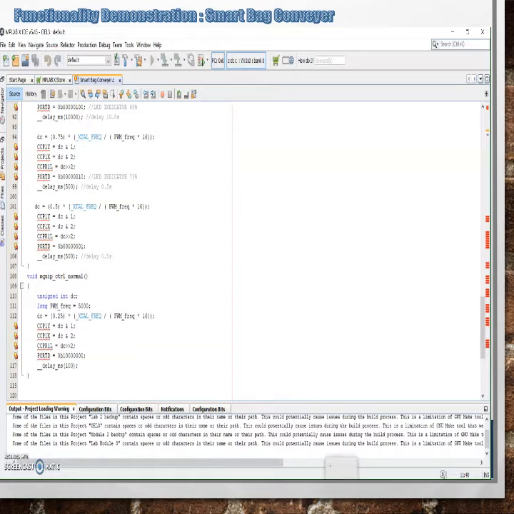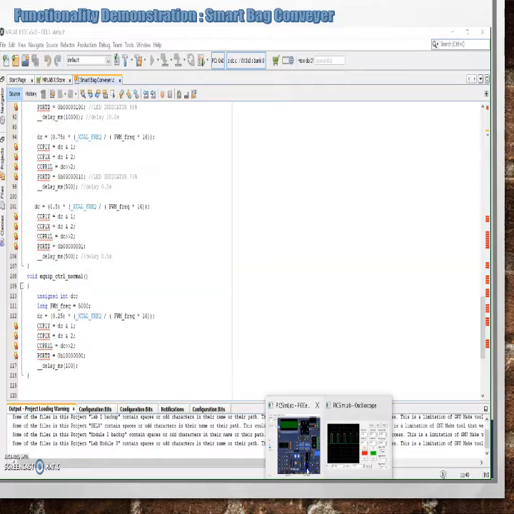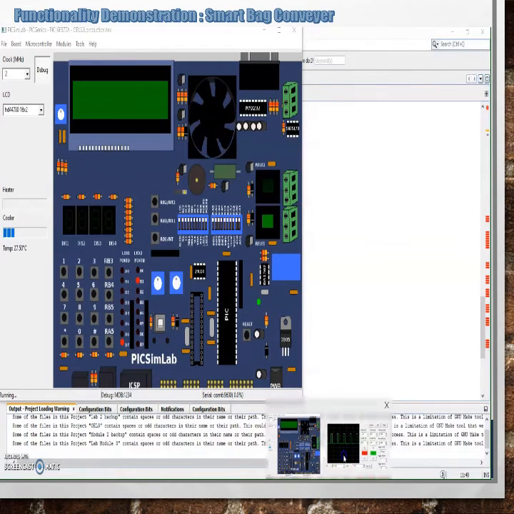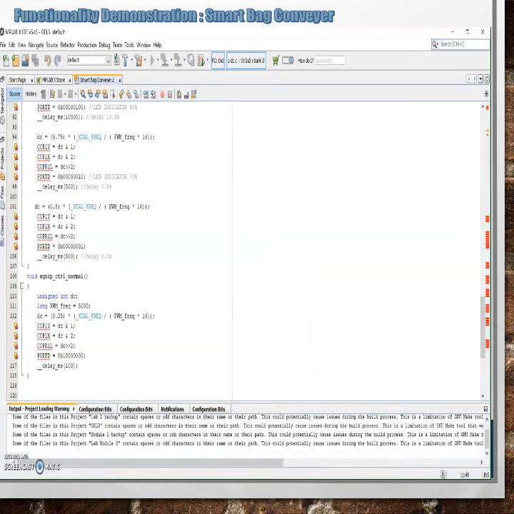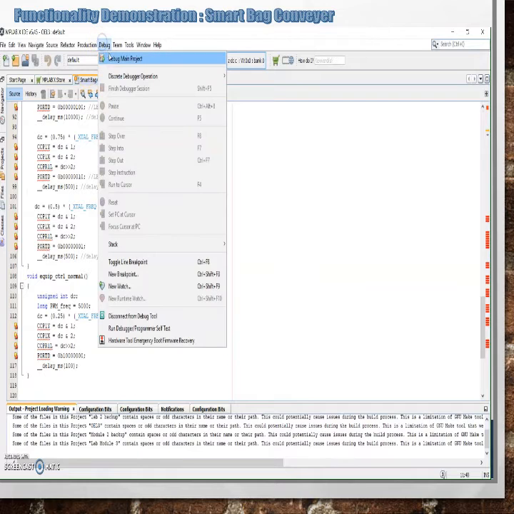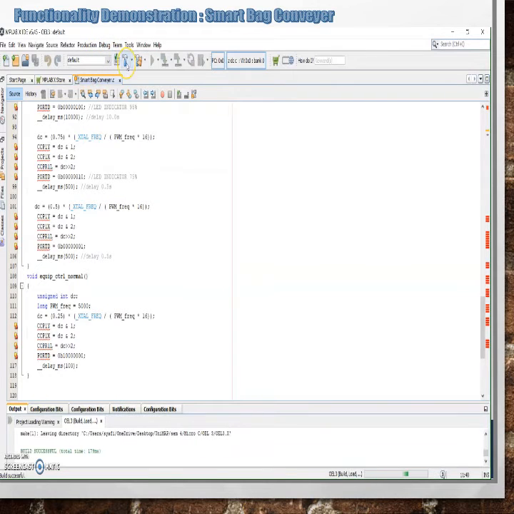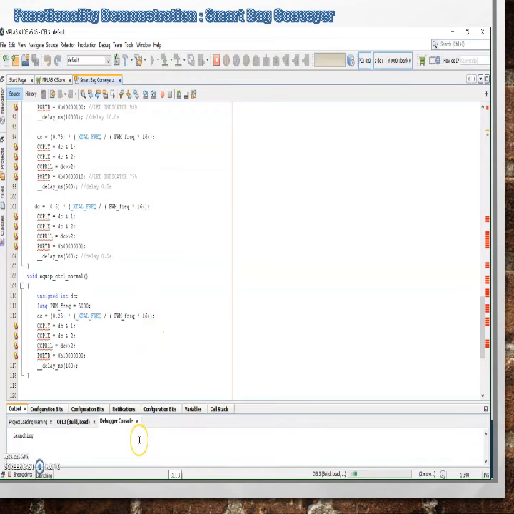Okay, next we go to our program. We go to the simulation. First, we need to debug our main project. Our project is successful, the program is successful, then launching.